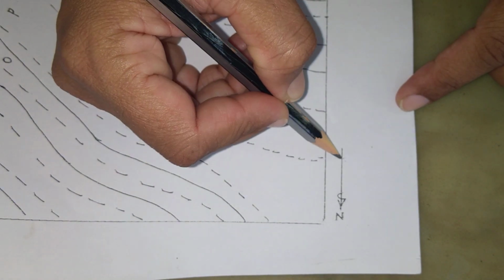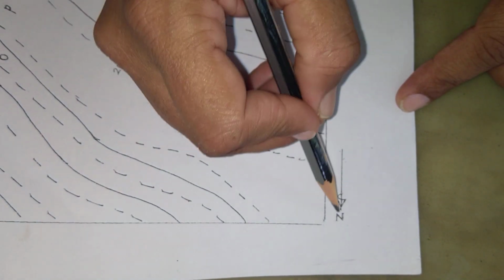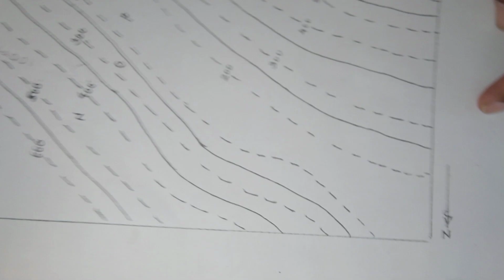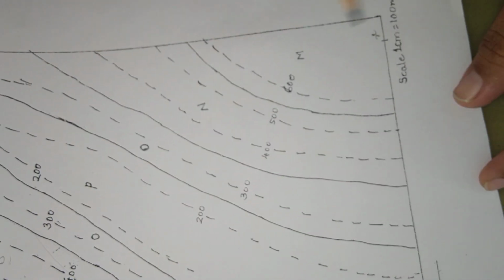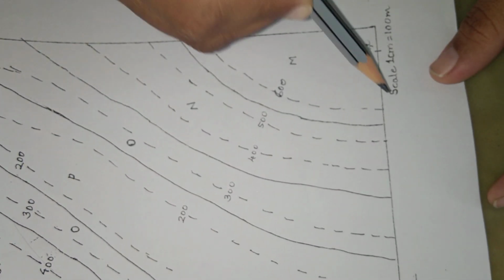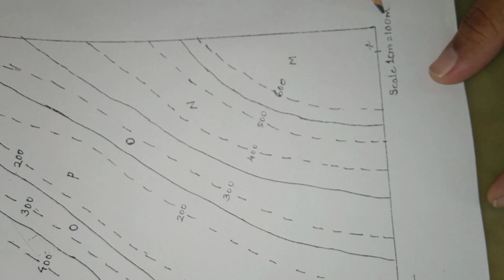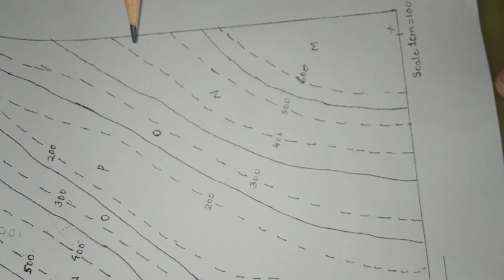In any map, north should be facing away from you. Then in this corner the scale is also given. The scale is 1 centimeter is 100 meters, which means 1 centimeter on the paper is equal to 100 meters on the ground. This is given on the map.